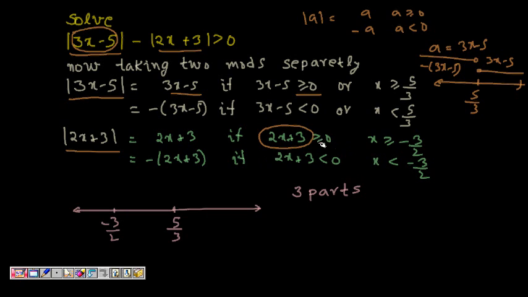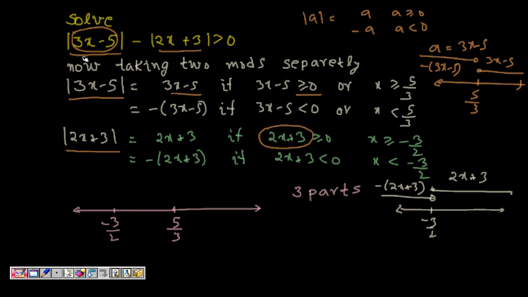Okay, so we see that this definition is now depending upon the value minus 3 by 2. So on this part, this is 2x plus 3, and in this part it is minus of 2x plus 3.